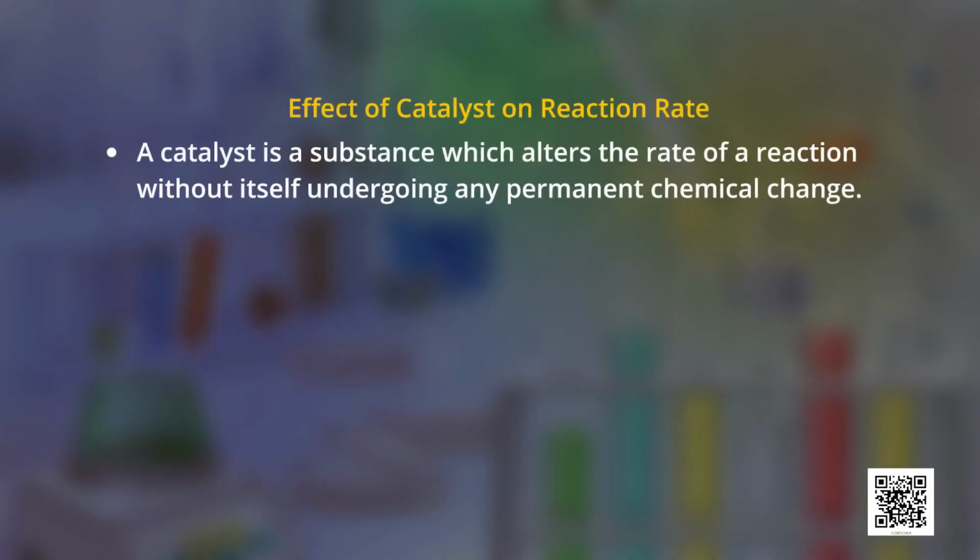A catalyst is a substance which alters the rate of reaction without itself undergoing any permanent chemical change. A catalyst enhances the rate of reaction. Let us see how a catalyst affects the rate of reaction by performing an activity.